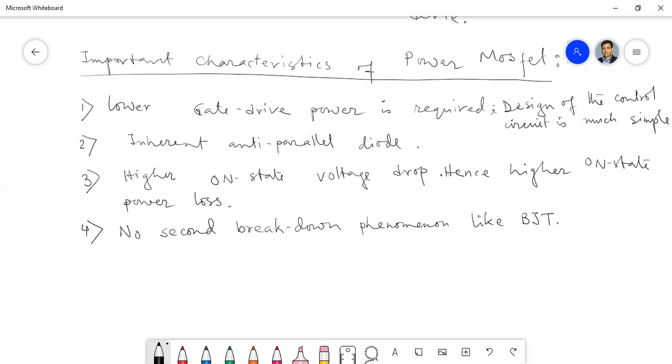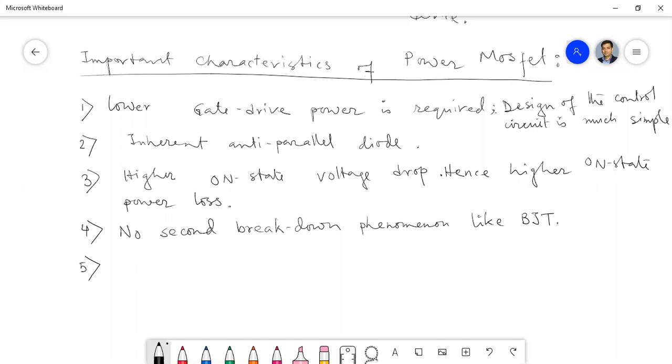Okay, so these are the characteristics. Second breakdown is a typical phenomenon which occurs in a bipolar junction transistor, and it dictates the safe operating area.